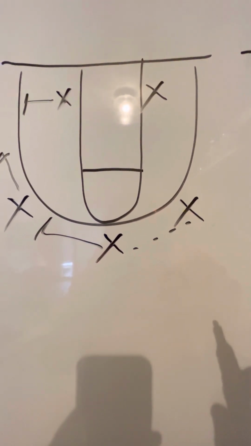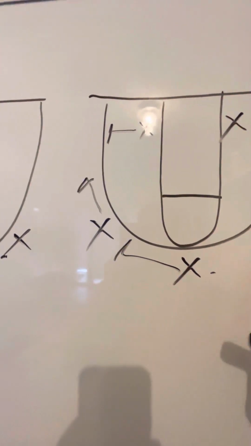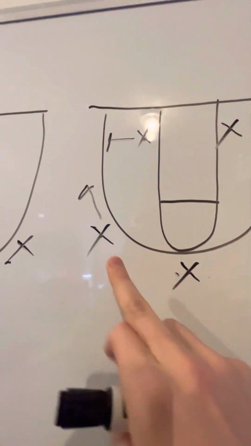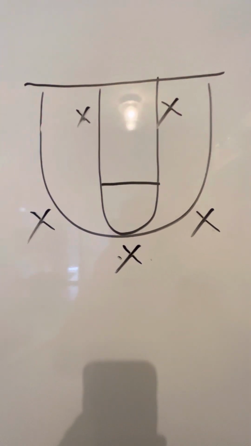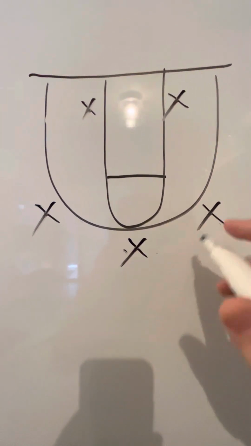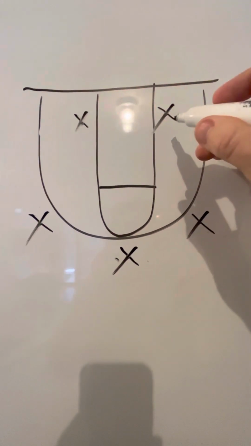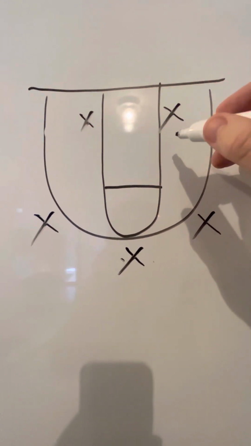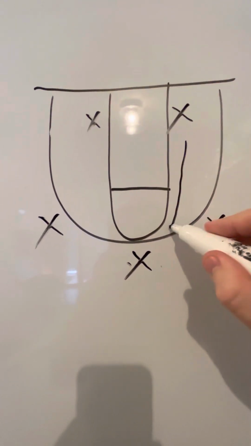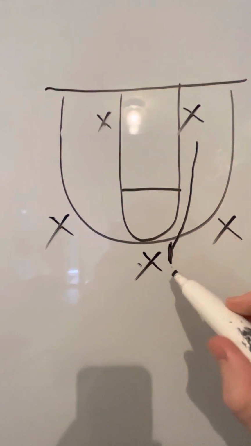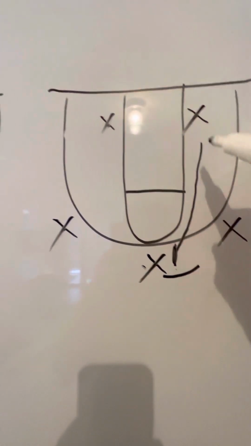One of the things that I think is really beneficial too, if we have a mismatch, let's say Kevin's right here and we have a big guy down here, have our big guy, or wherever Kevin is, come set a screen. Let's say Kevin's up here. Kevin is gonna come around, big guy's here.